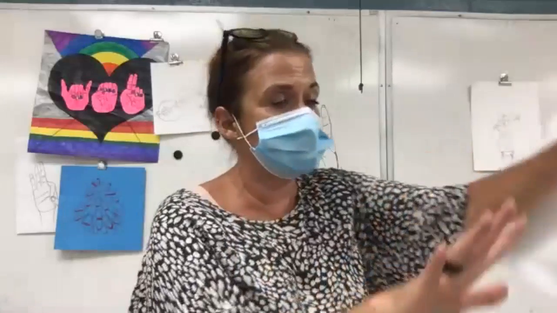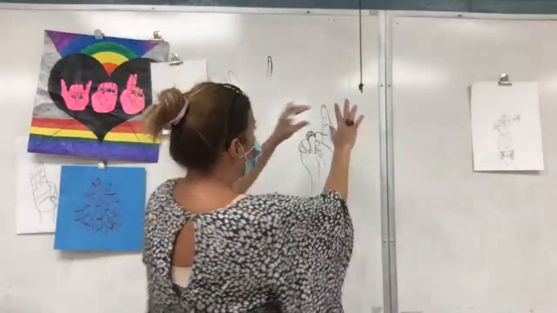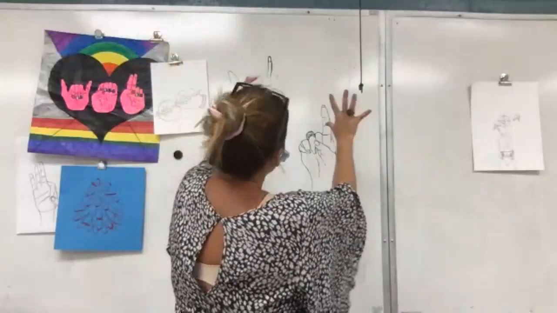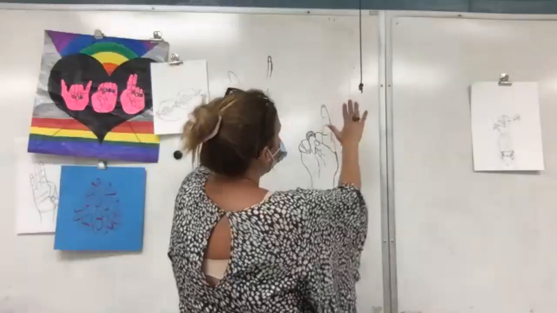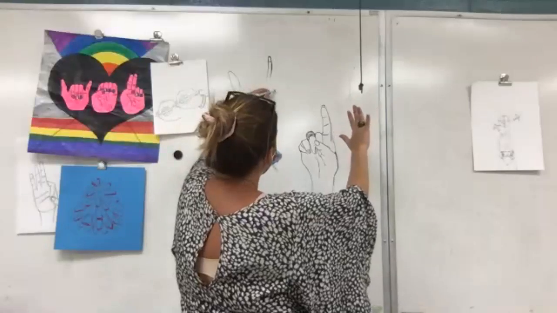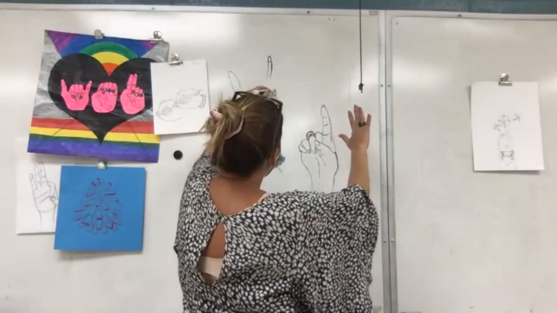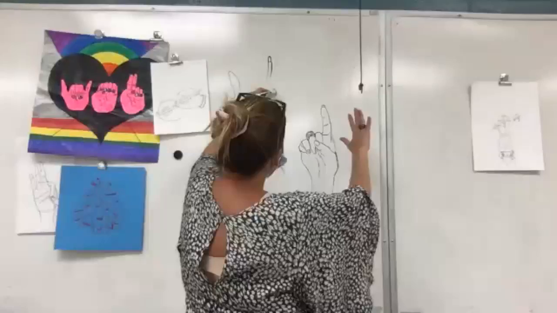But the thing I need you to notice is to pay attention to detail. Your fingers taper. Even if you're doing a front view, let me look from the front. Here's my nail. I like how I'm drawing all these big nails like I got big nails.